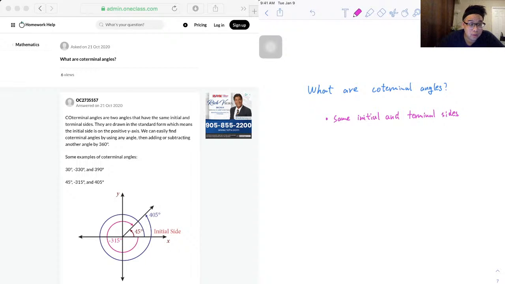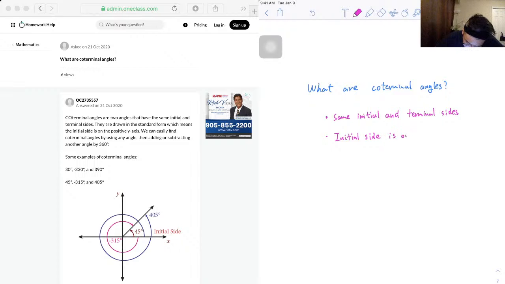And also they're drawn in standard form, which means the initial side is on the positive x-axis. So initial side is on the positive axis.